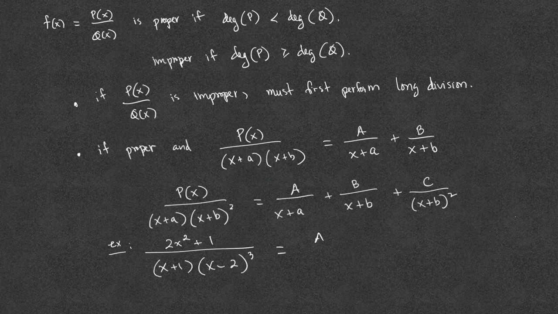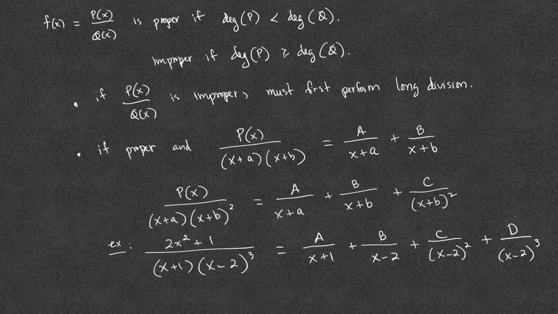For example, 2x squared plus 1 over x plus 1 times x minus 2 cubed equals A over x plus 1 plus B over x minus 2 plus C over x minus 2 squared plus D over x minus 2 cubed. There are three factors of x minus 2. We would need three rational terms with x minus 2 in the denominators.